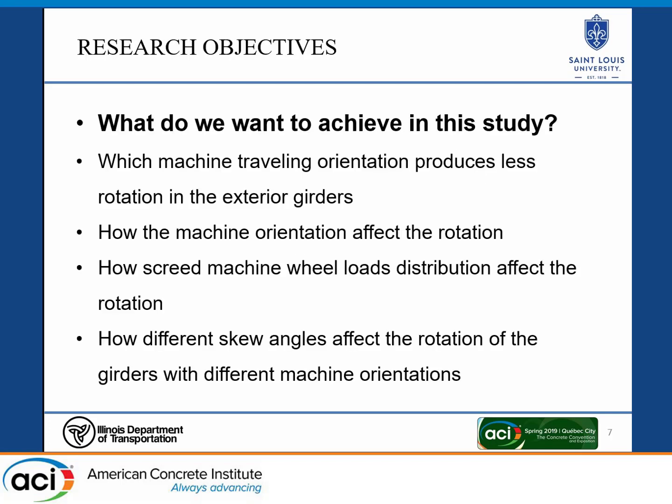A couple of things that we wanted to achieve in the study: one, we wanted to figure out which traveling orientation produces less rotation in these exterior girders. Another was to see how rotation is affected by the SCREED machine orientation. We wanted to see how different wheel load distributions affect the rotation, and how different skew angles can affect the rotation in the exterior girders.